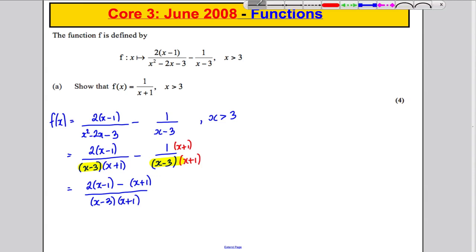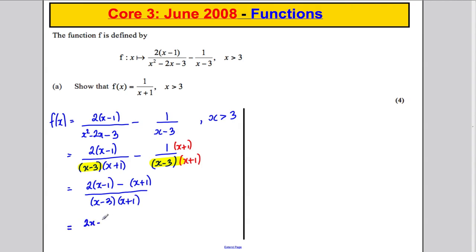And I'm going to start working down this side of the page here. You should work down the page in an exam. Here, expanding the top, you would get 2x subtract 2, subtract x subtract 1, all divided by x subtract 3, x plus 1.